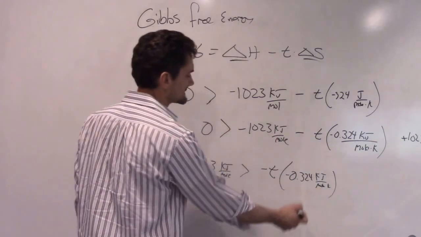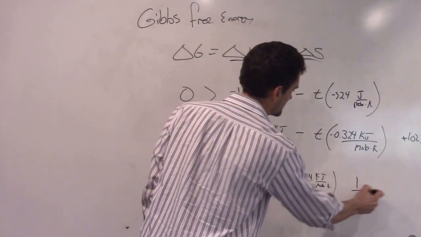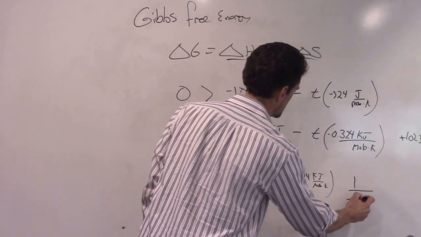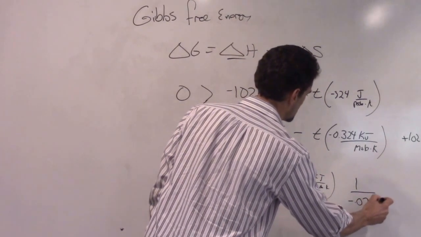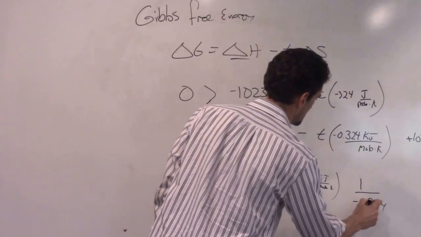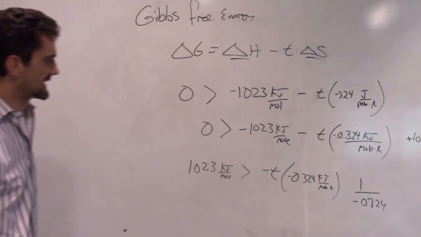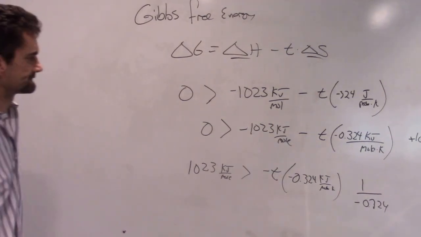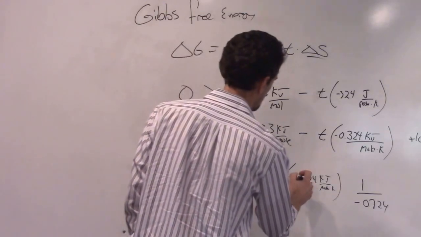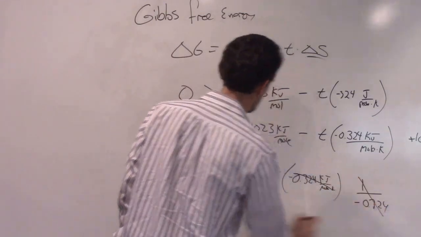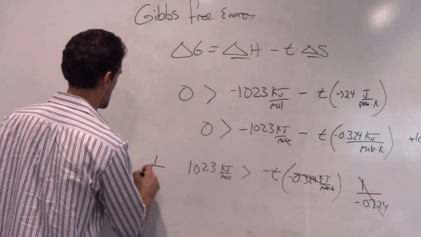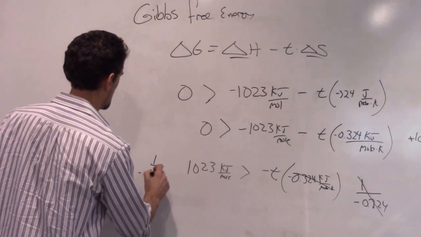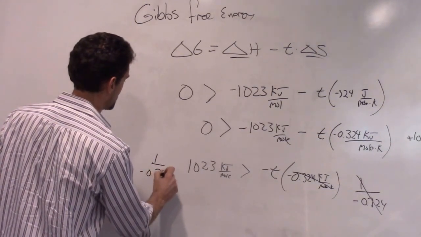How are we going to do this? Divide both sides by negative 0.324. That's going to cancel out.